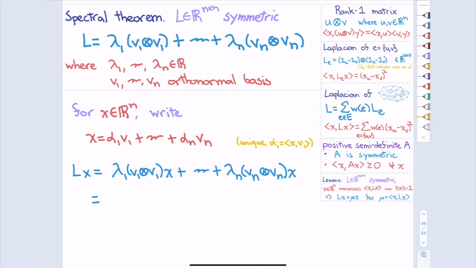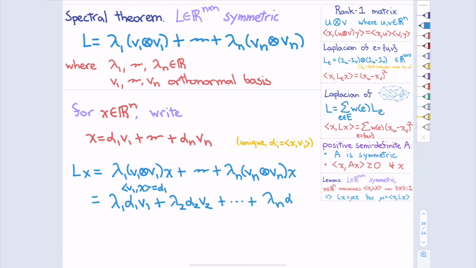I didn't do anything here, I just wrote out what's going on. But what this is giving us is lambda 1 alpha 1 v1, because v1 inner product x is equal to alpha 1, plus lambda 2 alpha 2 v2, plus lambda n alpha n vn.